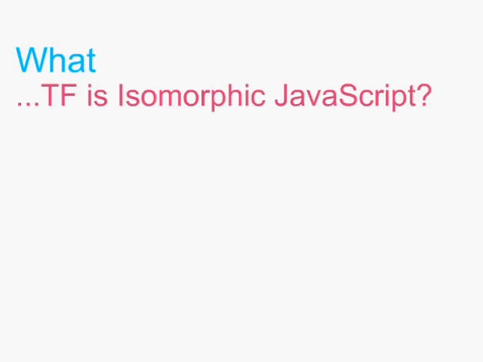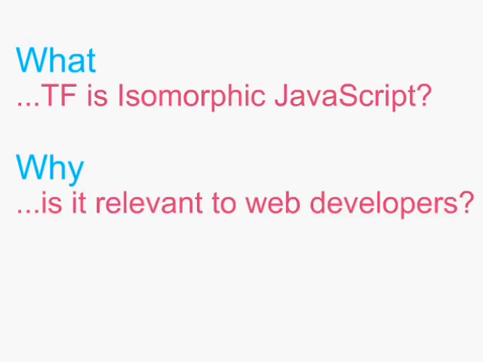So first, we're going to talk about what the heck is isomorphic JavaScript, because it's a big word. It sounds very fancy, but it's actually a real simple concept. Then we'll talk about why. Why is it relevant to web developers? Why is it useful to you in your job? And finally, how can I build isomorphic apps?